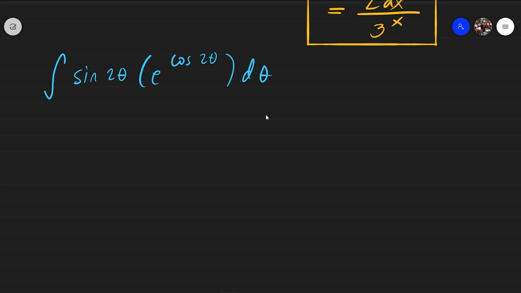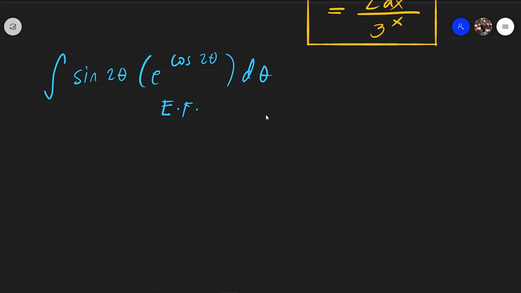So your independent variable is theta. And since the exponent of the natural number e contains the independent variable theta, we can use the exponential function formula of integration. And so we'll use that.